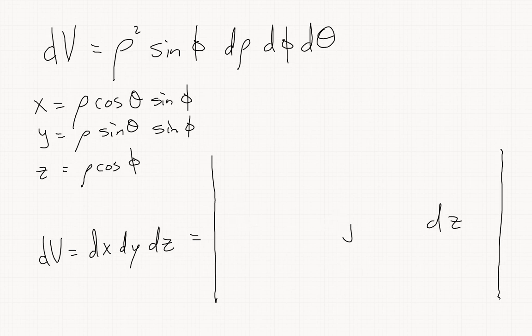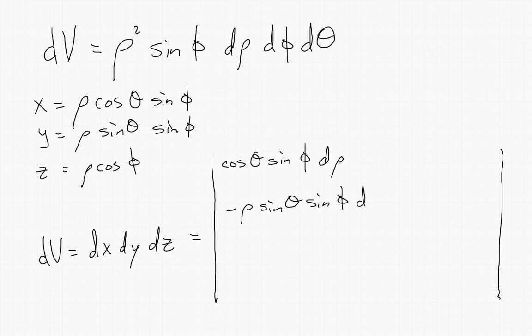So dx, dy, dz will be the rows of this determinant. Okay, so dx will be cos theta sine phi d rho, then negative rho sine theta sine phi d theta. Oh, actually, I should do this in the order with phi first.